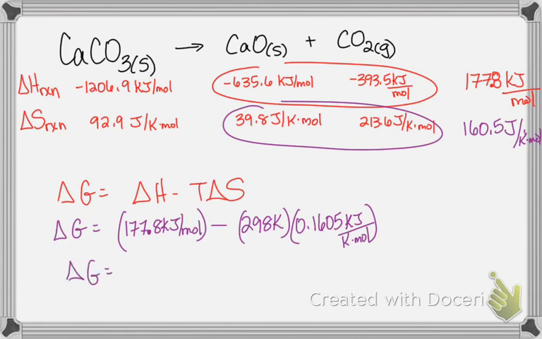Let me calculate that number. And I get that the delta G is 129.971, so we'll just say 130, rounding it, kilojoules per mole. It's a positive number. It's not spontaneous, and we knew it wasn't going to be, because the delta H and the delta S were positive.